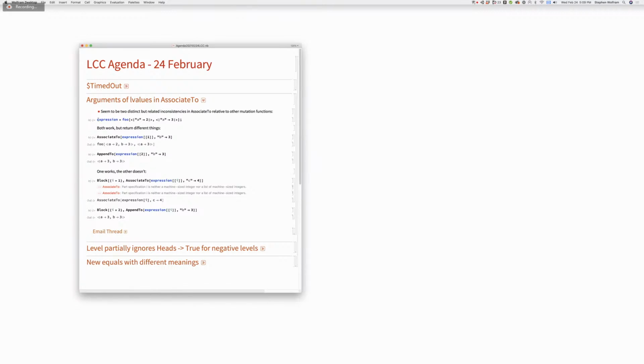Okay, so this is probably just a bug, I think, or a couple of bugs. So there's an expression with two associations in it, and if you use AssociateTo, then it sort of works, but it doesn't return just the expression that was modified.